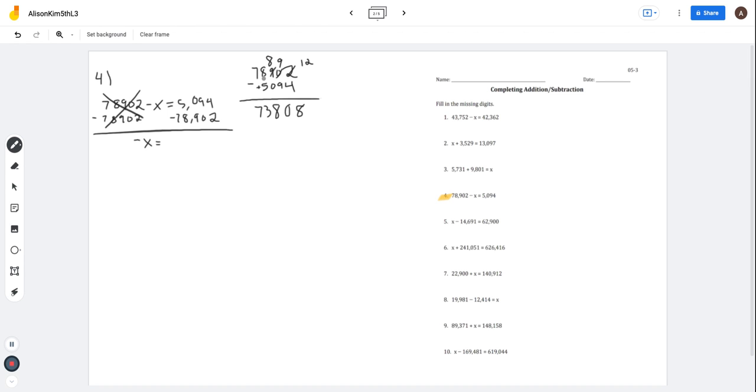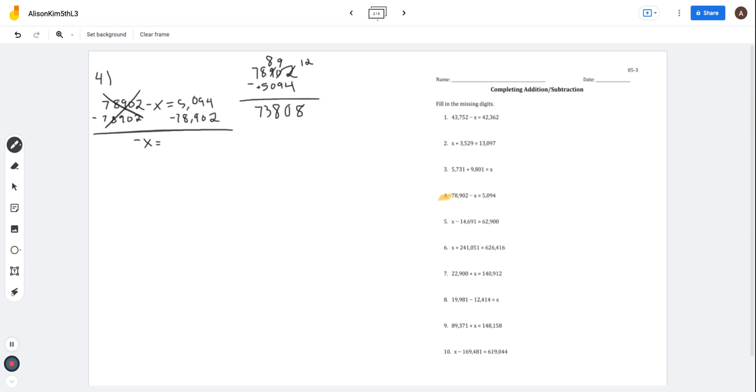However, 78,902 is a negative answer. And when we're trying to figure out what sign the product, the sum or the difference has, we always have to look at the number that's bigger.